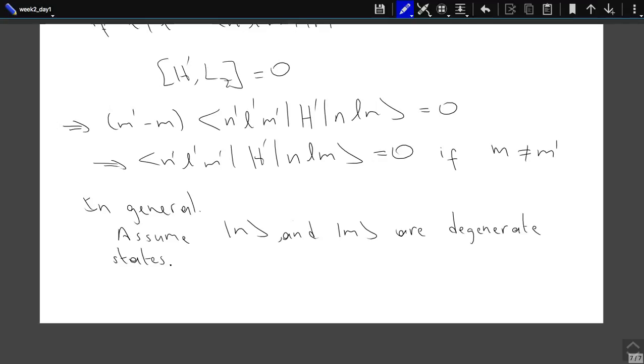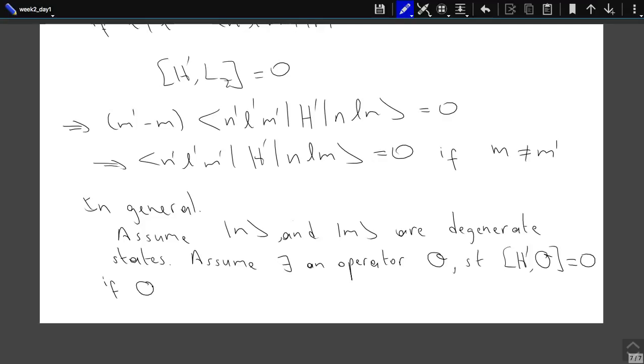So in principle, we have to deal with degenerate perturbation theory. And also assume there exists an operator, let's say O, such that H prime and O commute.